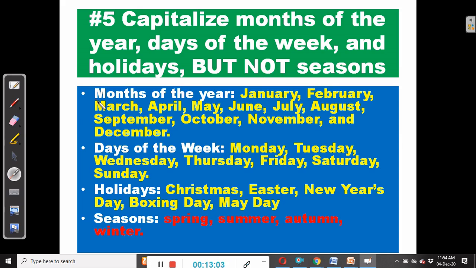Now, let's look at examples of months of the year. We have January, February, March, April, May, June, July, August, then September, October, November, and December.